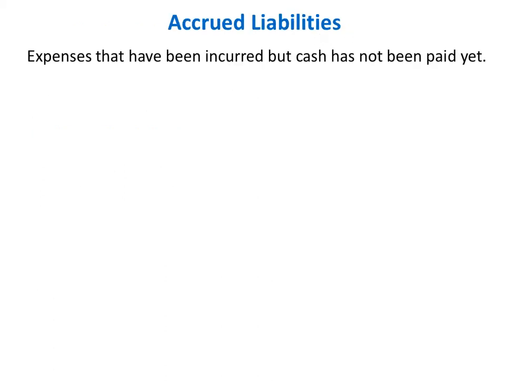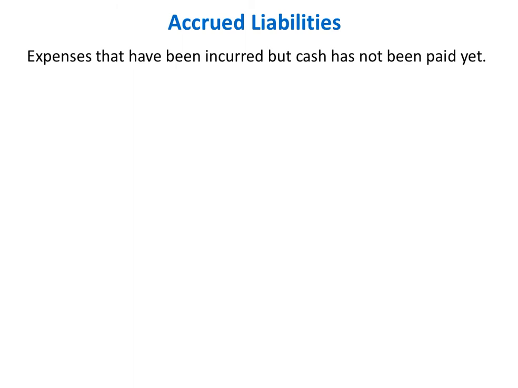So interest payable is one common type of accrued liabilities. We're going to look at another common accrued liability. Remember, an accrued liability is recorded when a company has incurred an expense but the cash hasn't been paid yet.